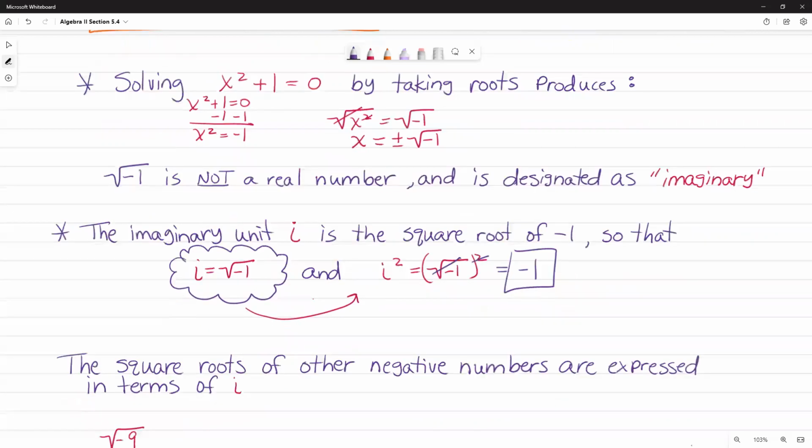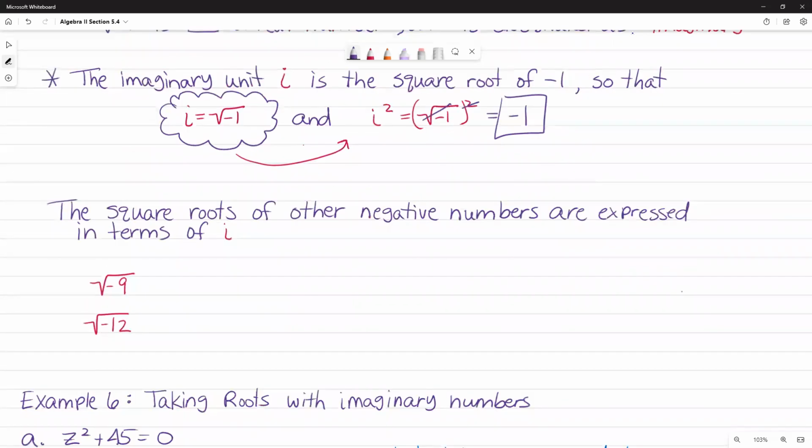Okay. We use this to take the negative out of the square roots of other negative numbers. So we always express other negative numbers in terms of i. In doing this, we know that you can break a number down into its factors. I'm going to do this with baby steps here, but we know that this is negative 1 times 9. But then I know that 9 is a perfect square, so I'm going to go ahead and write 9 as 3 squared.